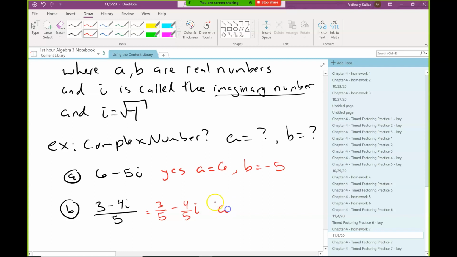Okay, so what's the value for a then? 3/5. And the value for b is -4/5. Yes. Got to take those negative signs with them. Everybody okay there?